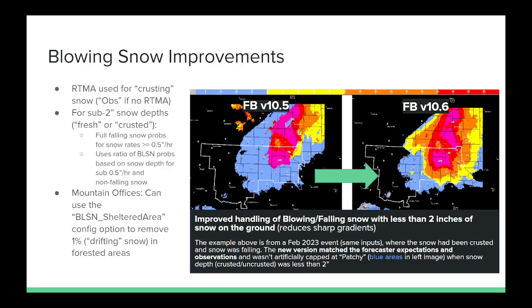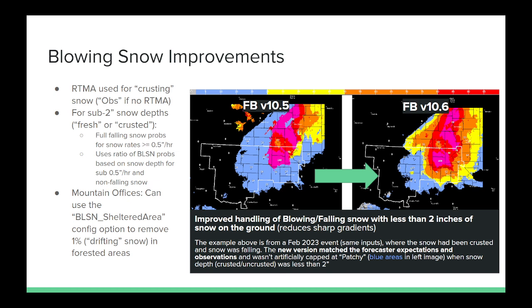Let me talk briefly about blowing snow. One adjustment was to generally use the RTMA to create less reliance on the OBS database, simply to determine whether or not the snow is crusted over. If there's a problem with the RTMA, it will fall back to OBS.